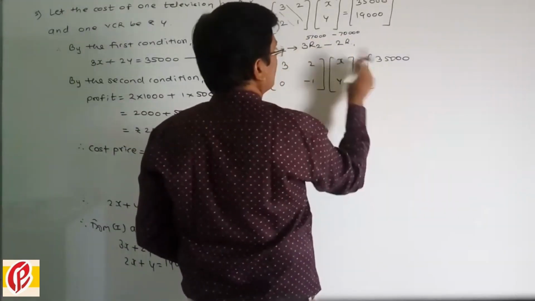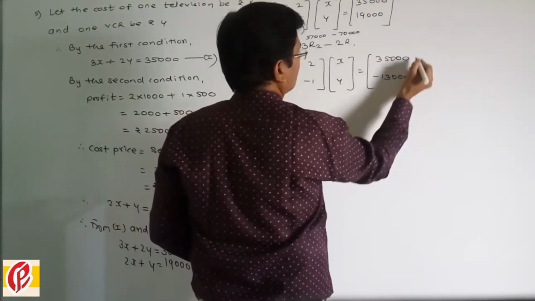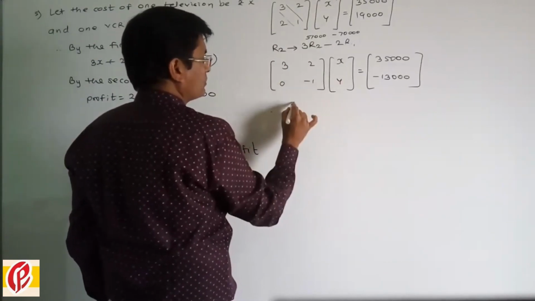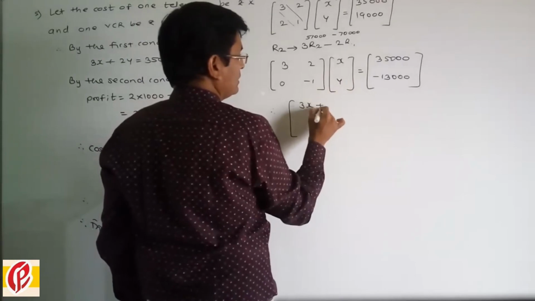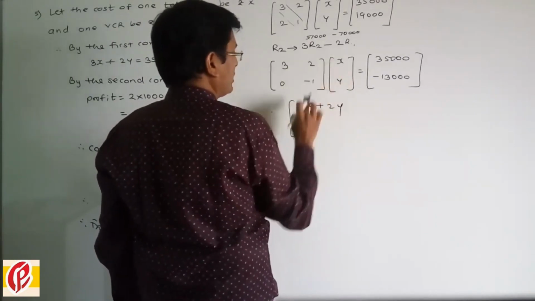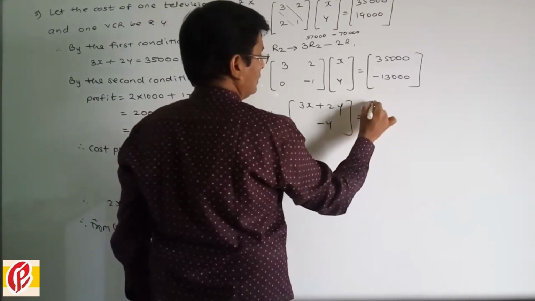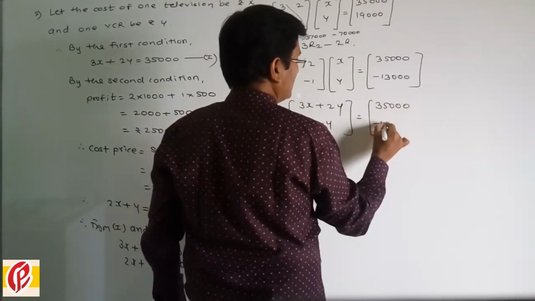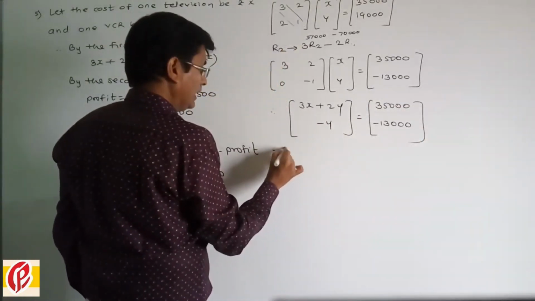We get 13,000, so minus 13,000. Okay. Then multiplication of these two matrices, 3 into x, 3x plus 2y, and then 0 into x, 0 minus 1y is equal to 35,000 and minus 13,000.